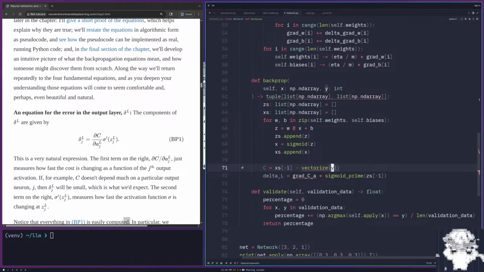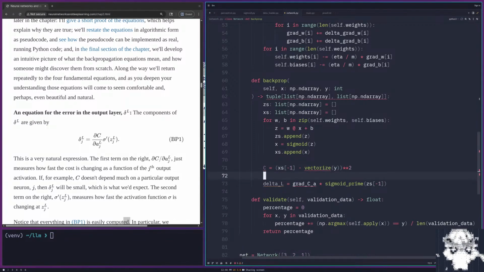So it's this squared, right? This is C. We're saying Y is a constant. This is a variable. So we're saying, what's the derivative of C with respect to this?